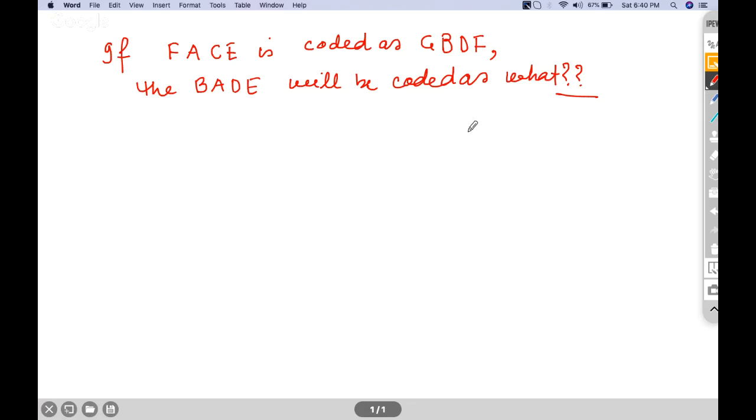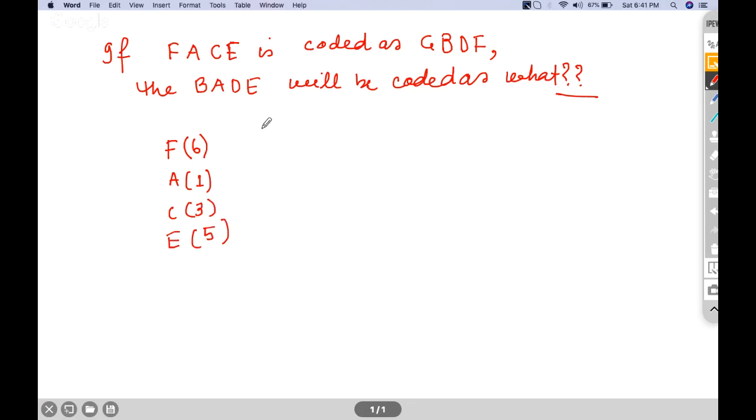A lot of you are saying CBEF, which is correct also. See, one thing I want to tell all of you: always write the corresponding numbers, as I have been telling you for a long time, whenever you have this kind of series. So F is 6, A is 1, C is 3, and E is 5.